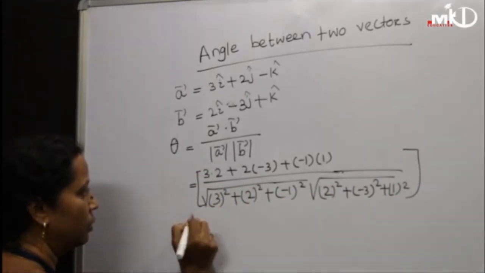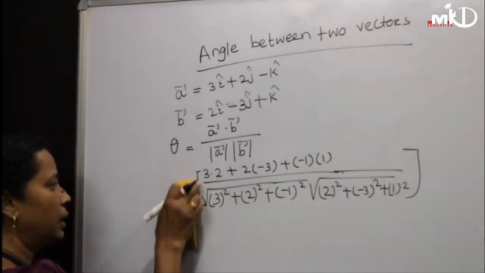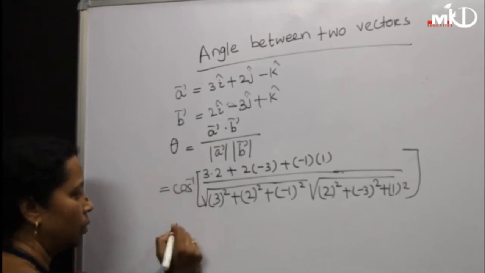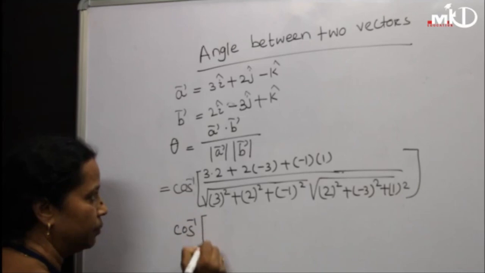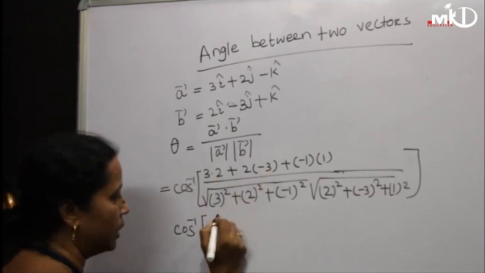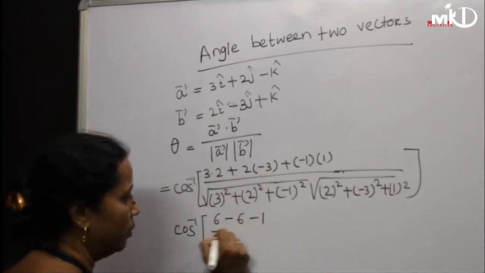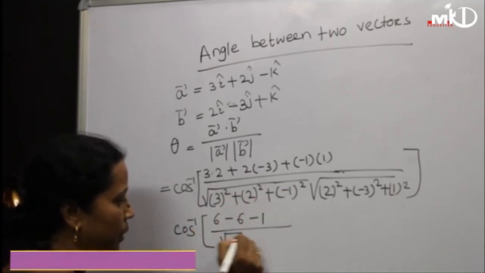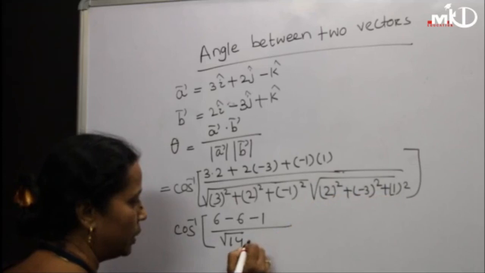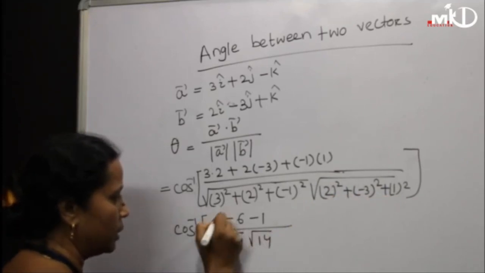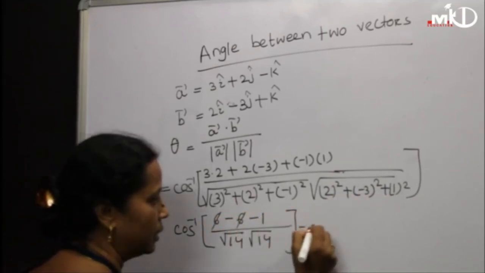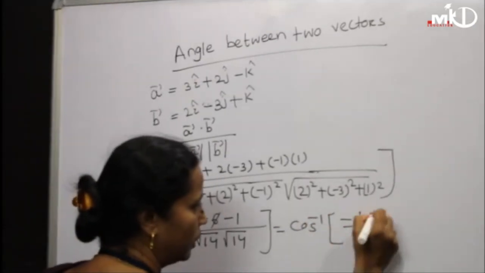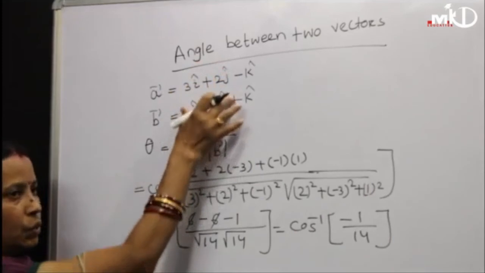So theta is equal to cos inverse of 6 minus 6 minus 1 by root over 9 plus 4 plus 1, that is root over 14, and here also root over 14. So it is cos inverse of minus 1 by 14. So this is the angle between these two vectors.